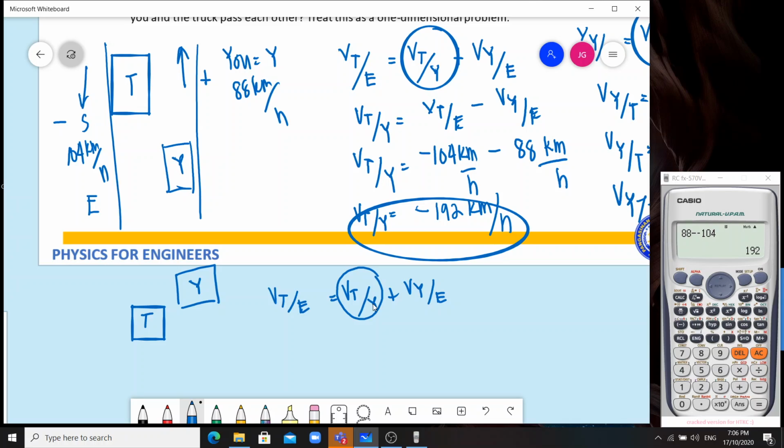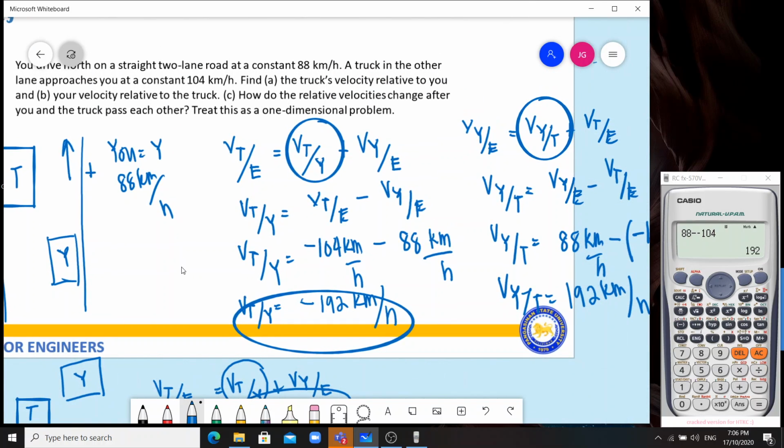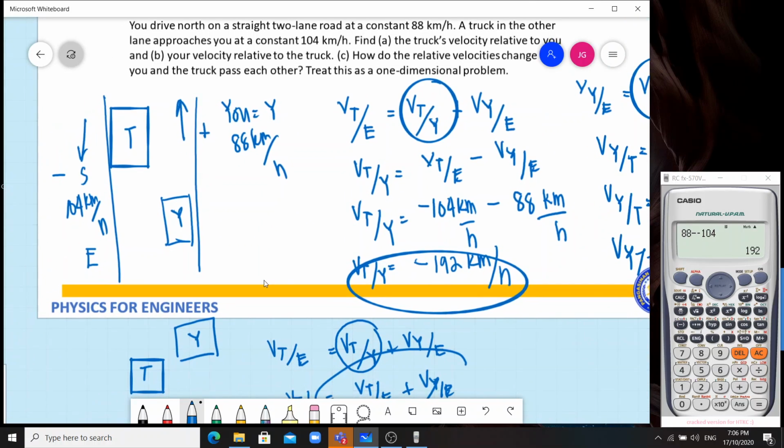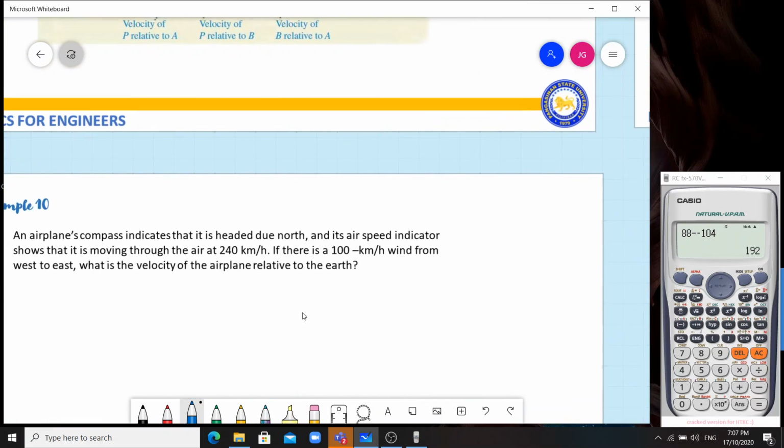Okay. So, pag ganyan, parehas lang kasi going north ka pa din at yung truck is going south. So, walang changes. Same lang siya. Okay? Treat this as one-dimensional problem. So, yun lang. So, let's proceed to the next example.